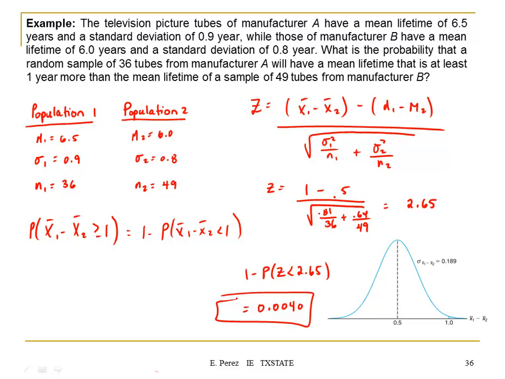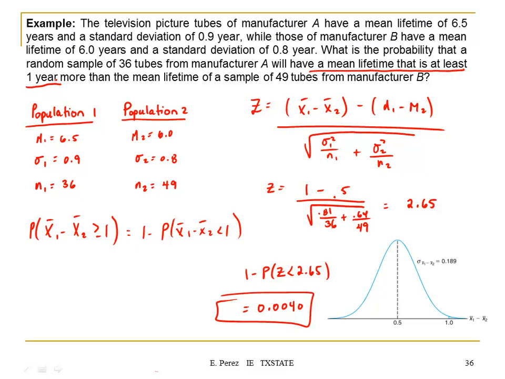Yes, sir. The one is coming from the question that you need to answer. So what is the probability that a random sample of 36 tubes from manufacturer A will have a mean lifetime that is at least 1 year more?